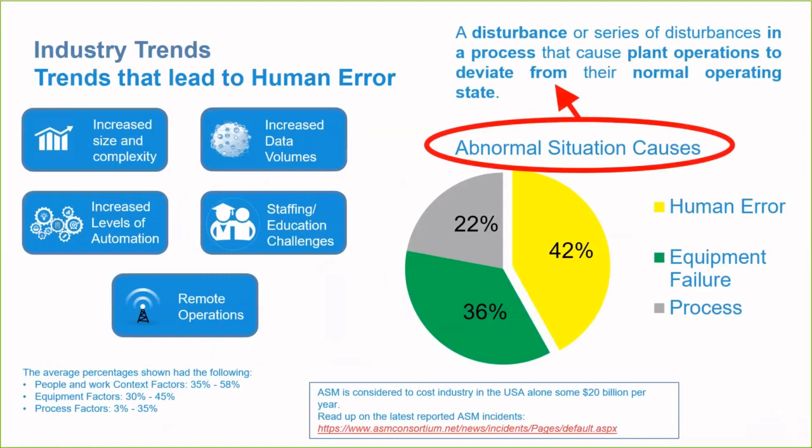And this can obviously have quite catastrophic effects if it goes unnoticed or does not get dealt with efficiently. So I do encourage you to visit the ASM Consortium website that you see on the slide at the bottom, and they actually have a report of all ongoing incidents from quite a number of years that you can read up on.